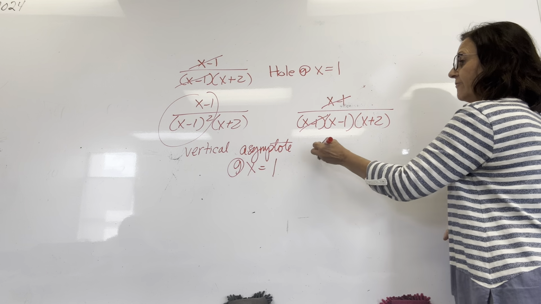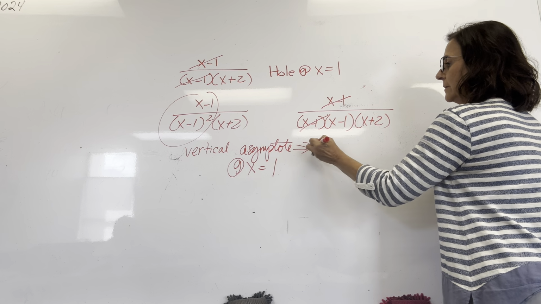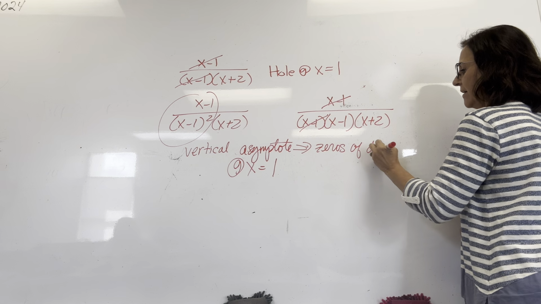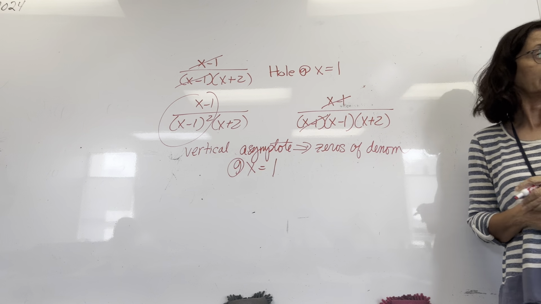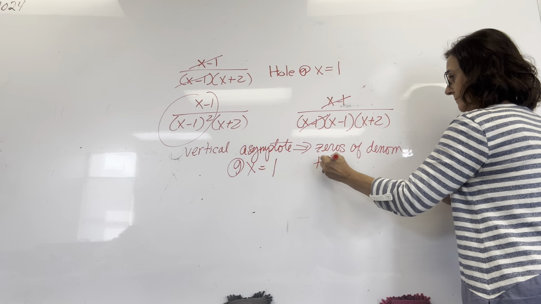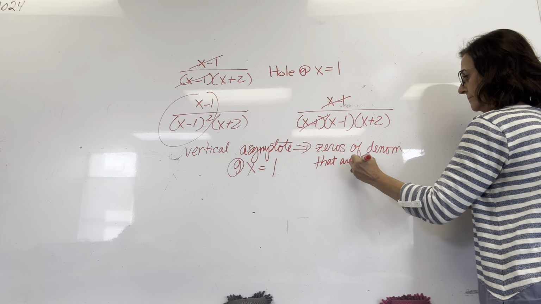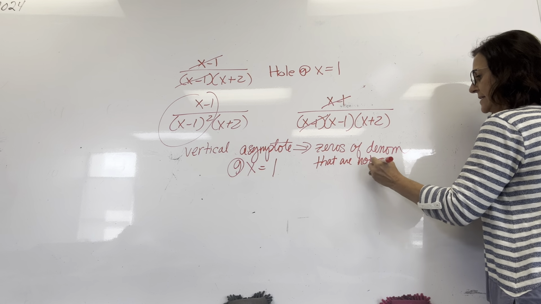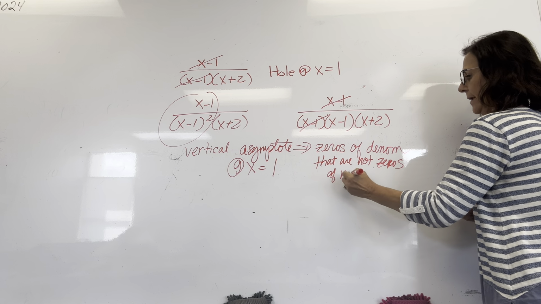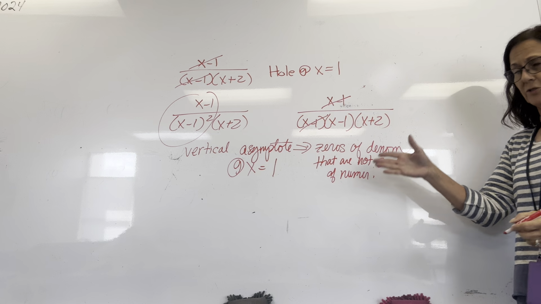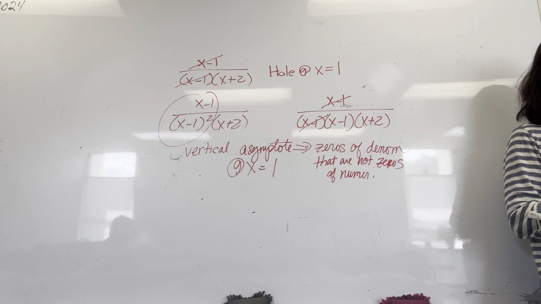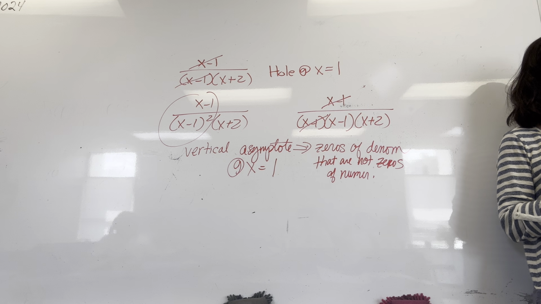So we have vertical asymptotes at zeros of the denominator that are not zeros of the numerator. In other words, you can't cancel them out, right? Does that make sense?